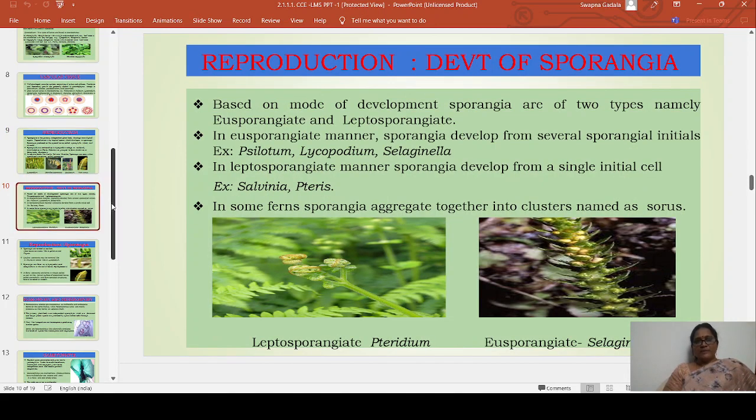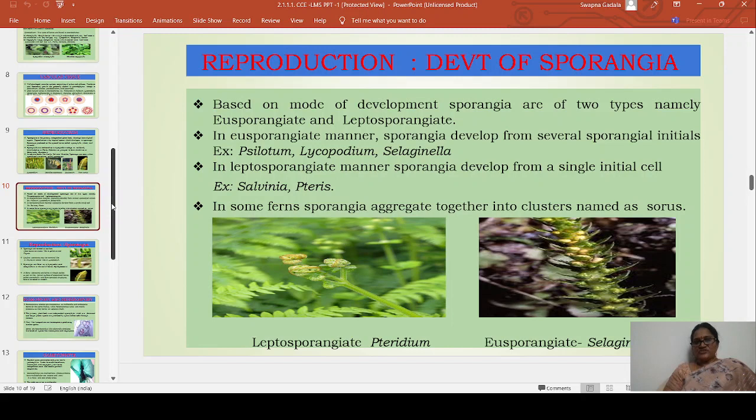And coming to the development of sporangia. Development of sporangia happens in pteridophytes in two ways. One is the eusporangiate manner and another one is the leptosporangiate manner. In the eusporangiate manner, sporangia develop from a group of initials. Example, Lycopodium and Selaginella.